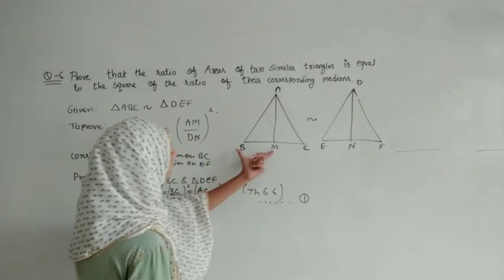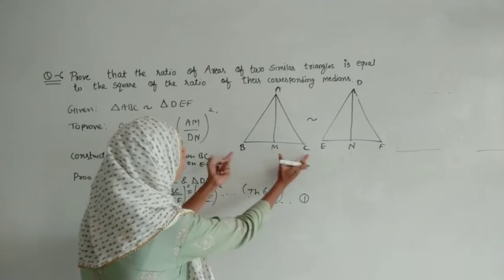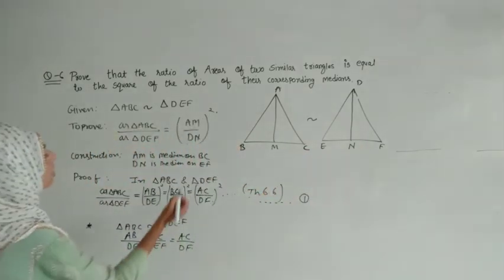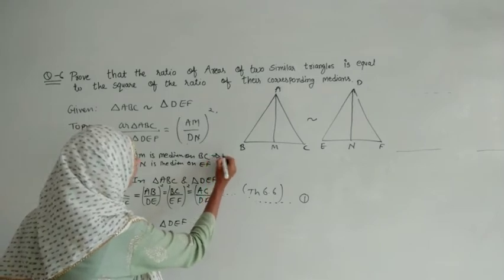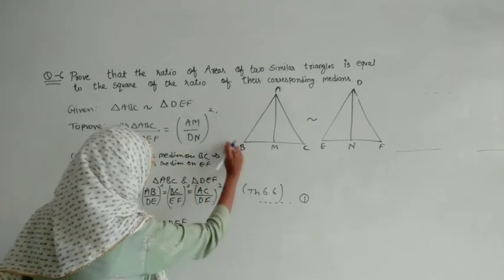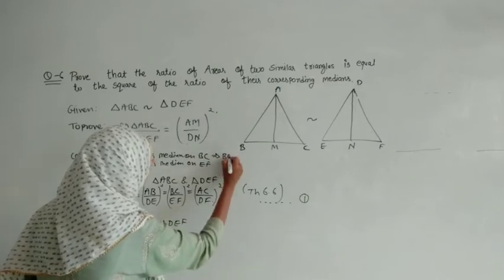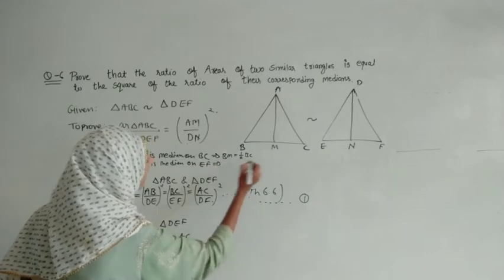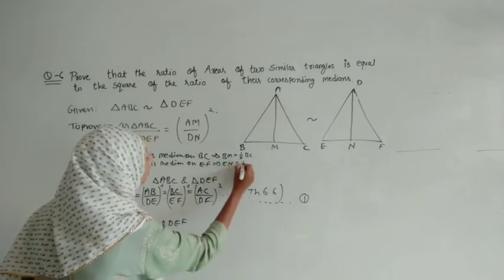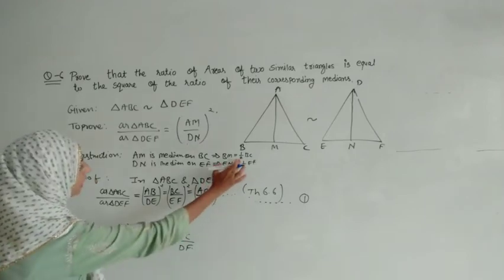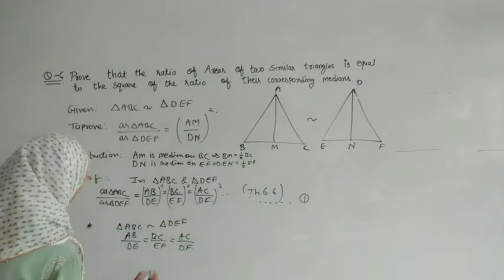So here we will say that BM is half of BC and EN is also half of EF. So in place of BC we can write 2 times BM and 2 times EN.